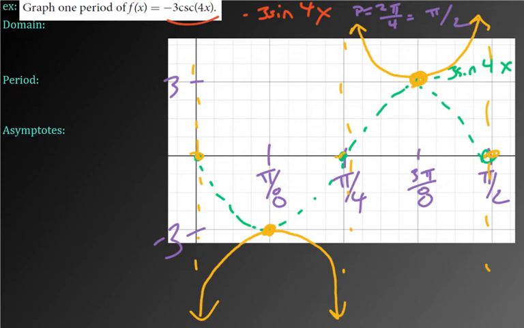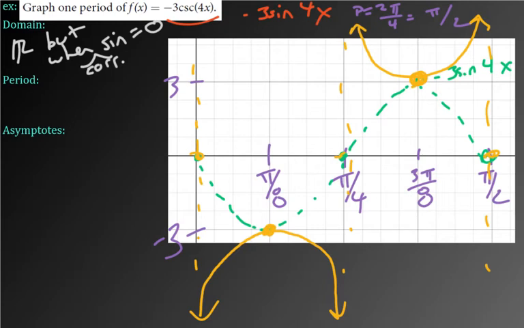So the domain for cosecant is all reals, except when the corresponding sine function equals 0, right? Here the corresponding sine function is minus 3 sine 4x. When that one equals 0, this graph will be undefined, okay? But every other x value you could plug in, right?